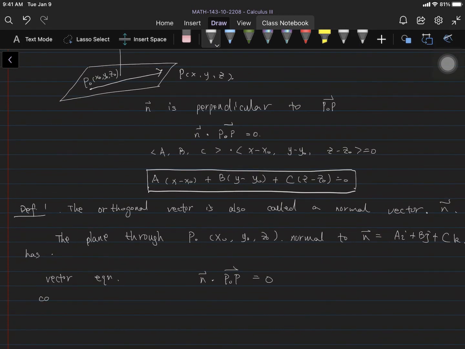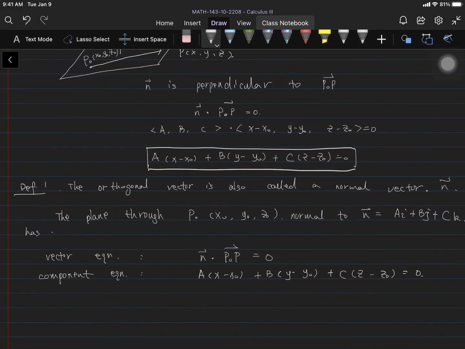And the component equation means if we expand the vector equation, that is A times x minus x naught plus B times y minus y naught plus C times z minus z naught equals 0. And we also have the simplified component equation, sometimes we call that the general equation.